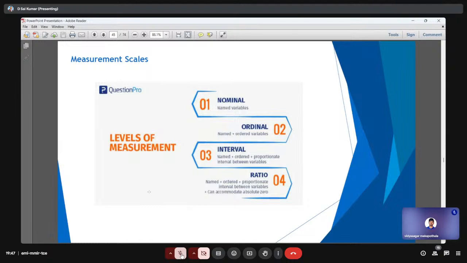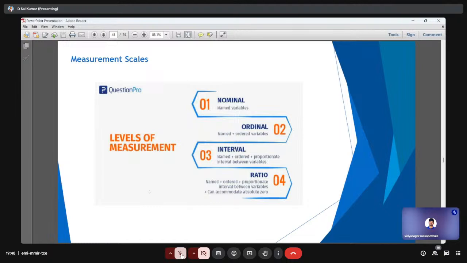Similarly, we have ordinal, which, as the word suggests, uses some order. Generally, we see ordinal variables with a scale called the Likert scale. Nowadays we observe it in most day-to-day applications, even in banking.